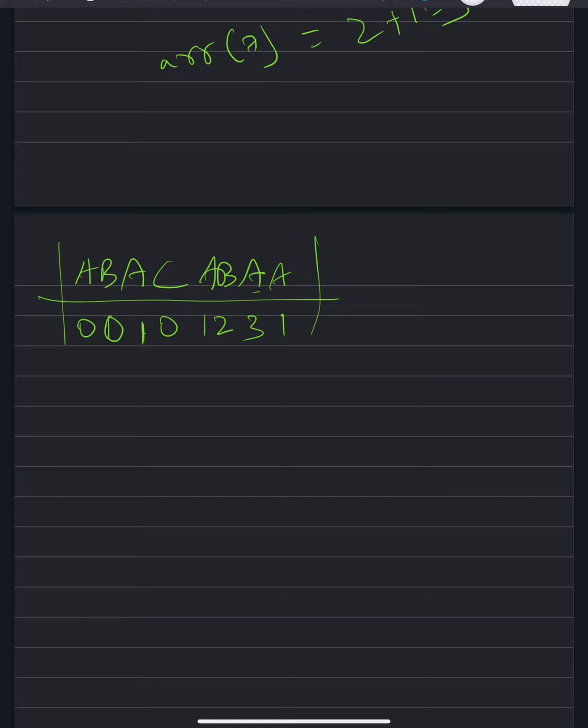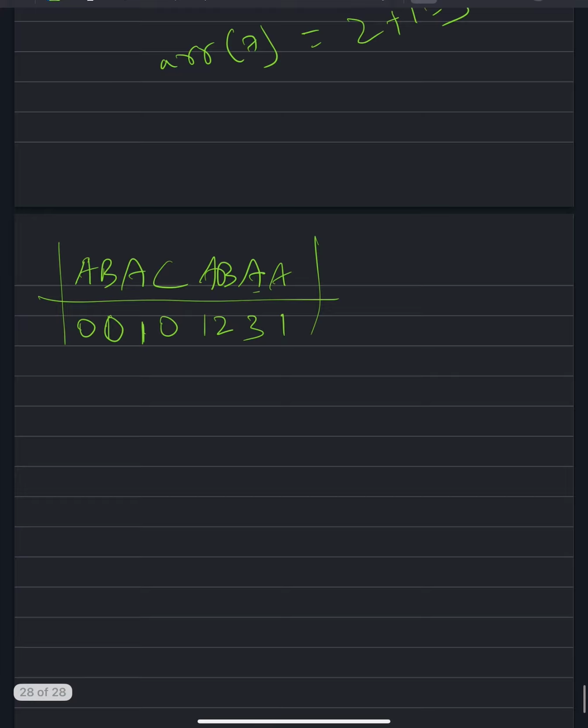Now similarly as we can see AB is possible, ABA is possible. Okay, that's fine. Till 3 it is fine. Now how we get 1, this is a really good question. Now we check if C and A is not matching. Okay, so it is not possible to have it 4.